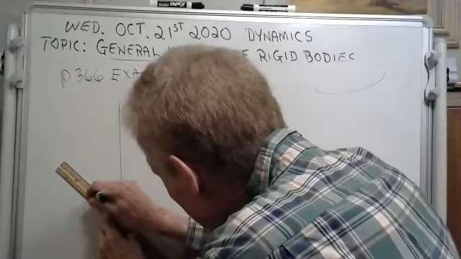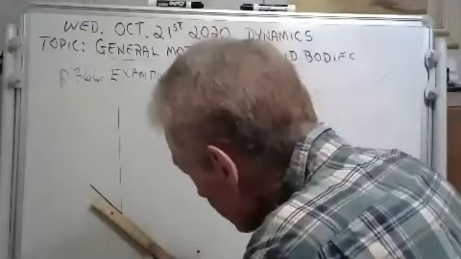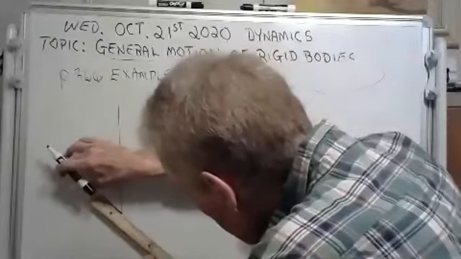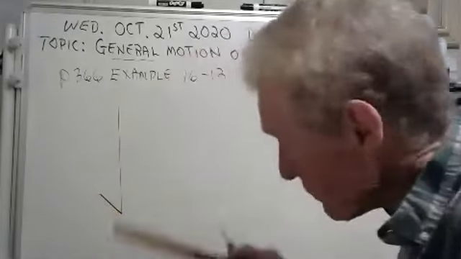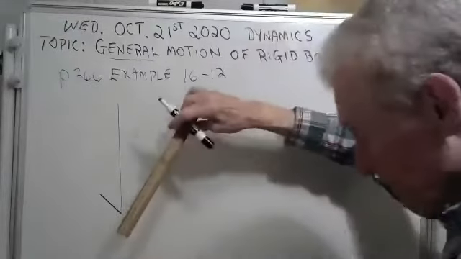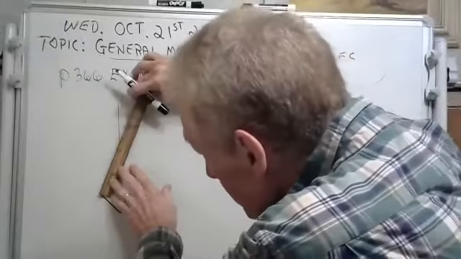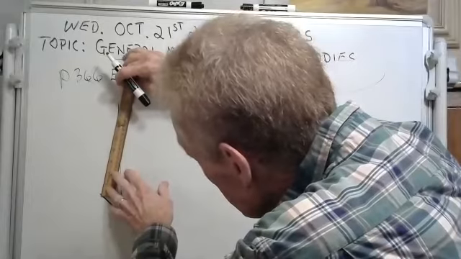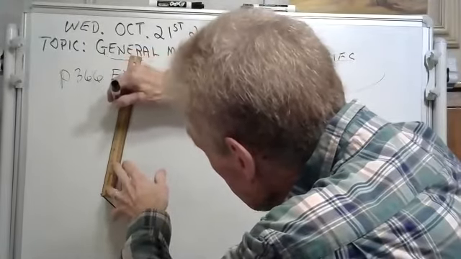Hey, that one did good. Now what I want is 2.5. That puts me right there. Perfect. Now this one here is 0.75 feet. So what I need for it is 7.5 inches. That puts me right there. Okay.